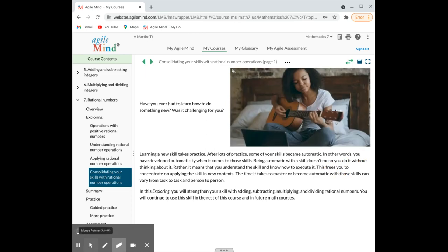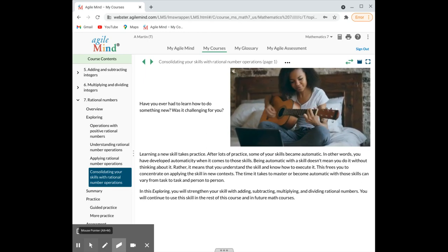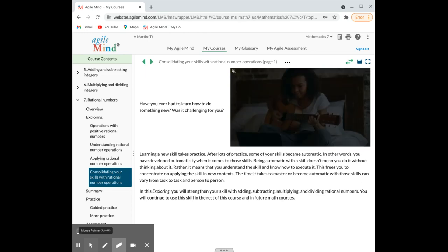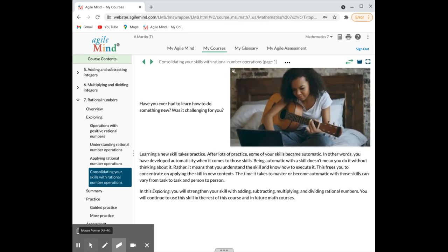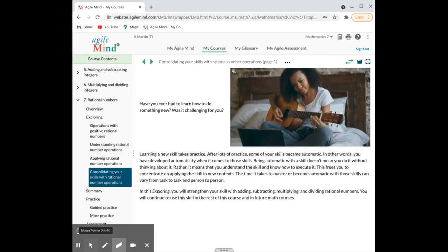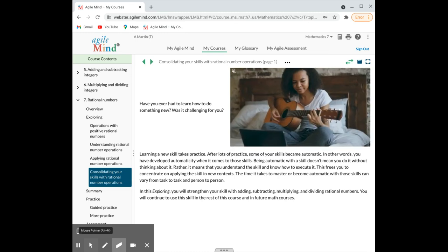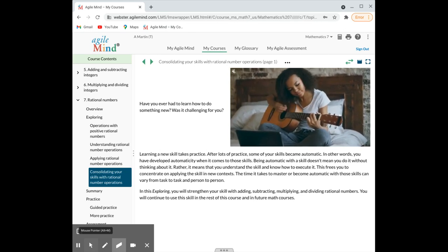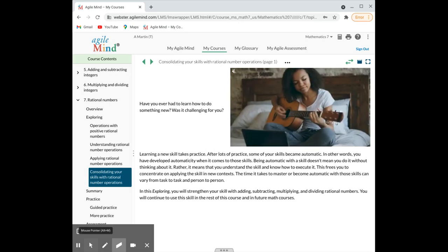Looking at this, it says, have you ever had to learn how to do something new? Was it challenging for you? Learning a new skill takes practice. After lots of practice, some of your skills become automatic. In other words, you developed automaticity. Being automatic with a skill doesn't mean you do it without thinking about it. Rather, it means that you understand the skill and know how to execute it. This frees you to concentrate on applying the skill in new contexts. The time it takes to master or become automatic with those skills can vary from task to task and person to person.